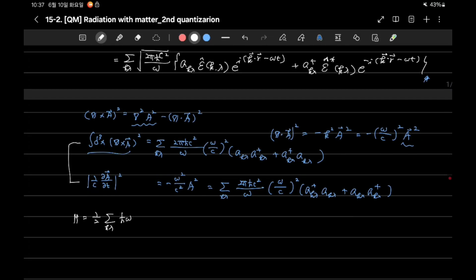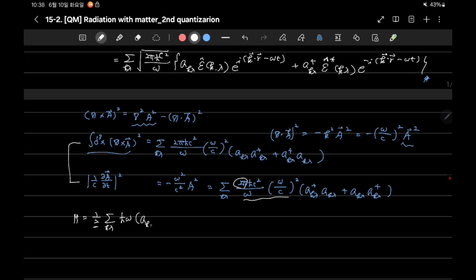So 2 pi times 2, over the 8 pi, gives 1/2, and so h bar omega. The omegas cancel, and anyway this term gives h bar omega.